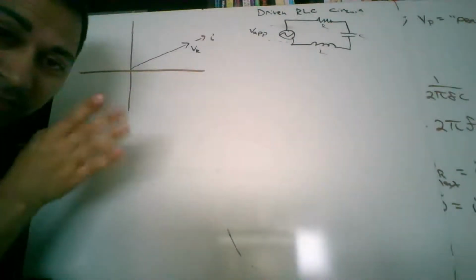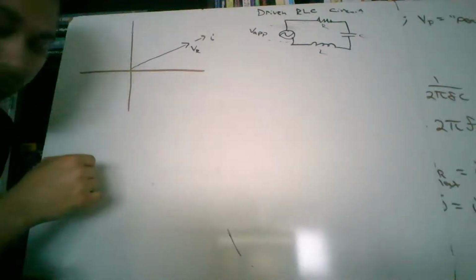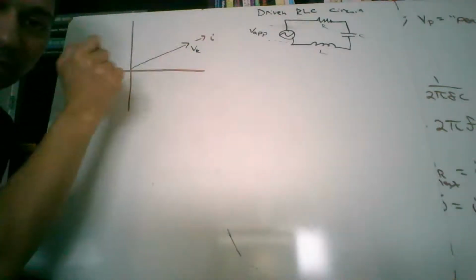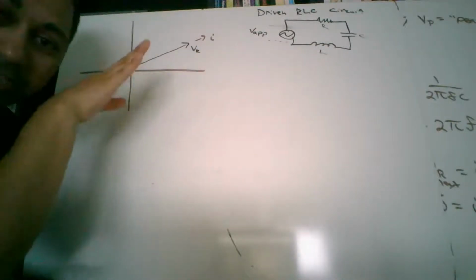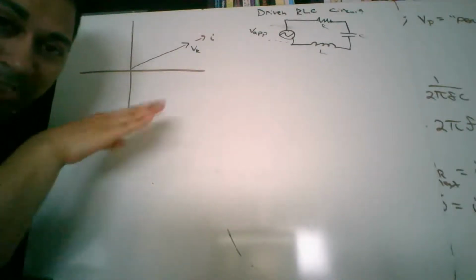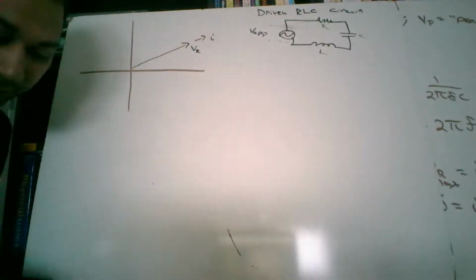Capacitors. Does the voltage lead or sag behind the current? Yesterday we talked about this. For a capacitor, the voltage lags the current, meaning whatever the current's doing, it does it first, and then the voltage comes afterwards.